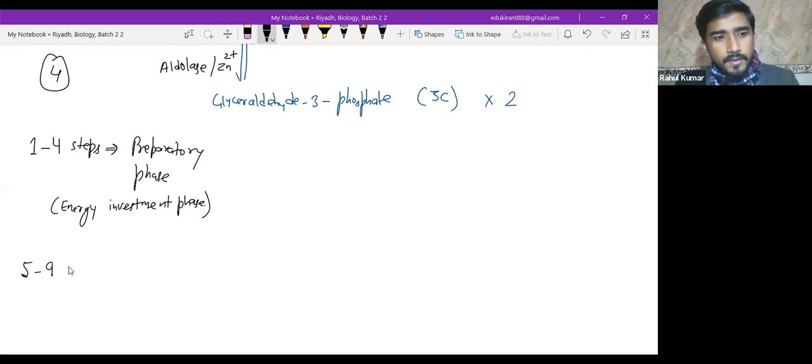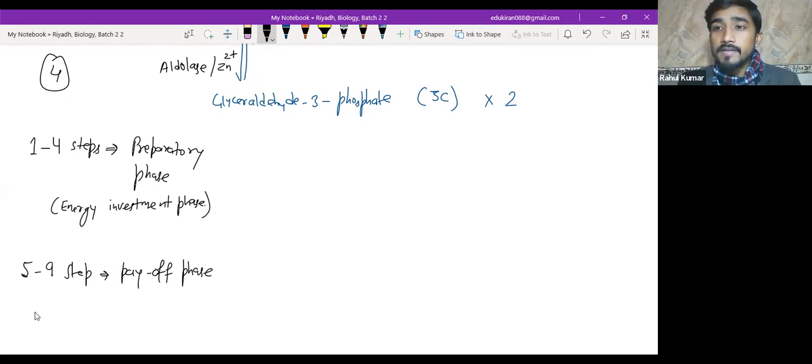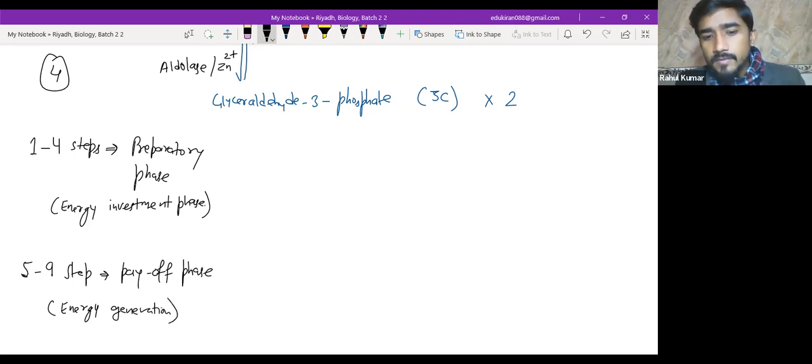So the 5th to 9th step is known as the payoff phase. I'm emphasizing it because a lot of questions only mention the payoff phase or preparatory phase, so you should not get confused about what part of glycolysis they are talking about. It is also called the energy generation phase.